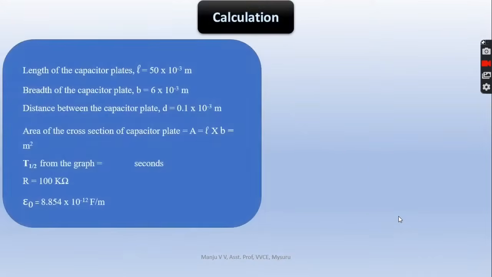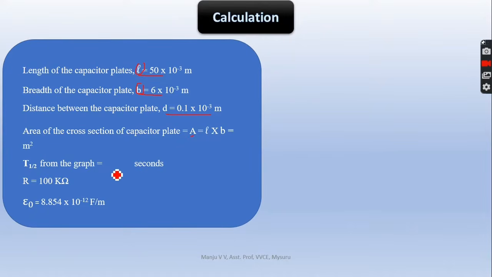Coming to calculation: length of the capacitor plate L, breadth of the capacitor plate B, distance between two plates of the capacitor D, everything will be given. I know the length and the breadth, so just multiply the length and the breadth and you will get the area, meter square.